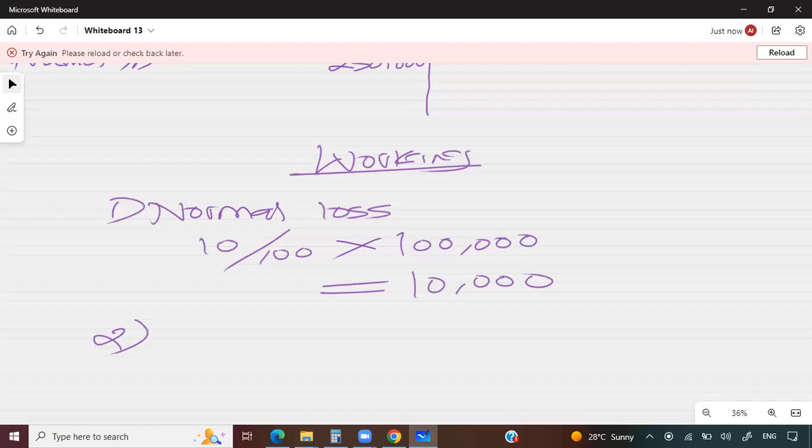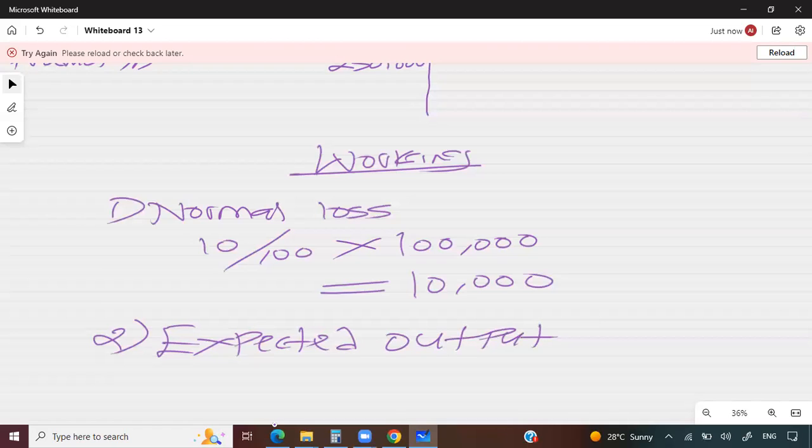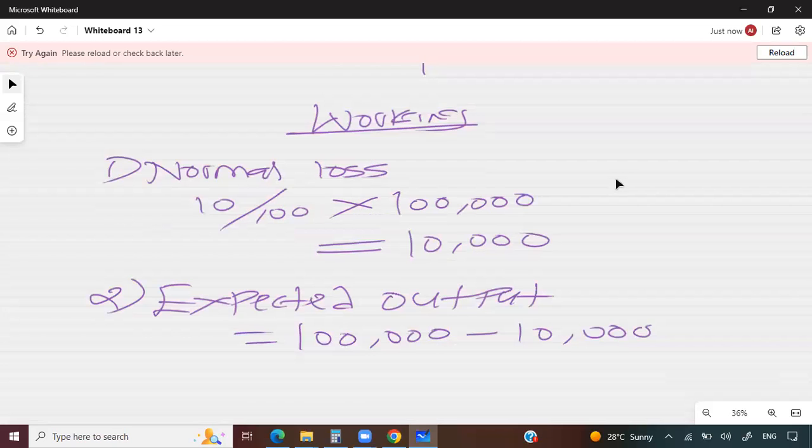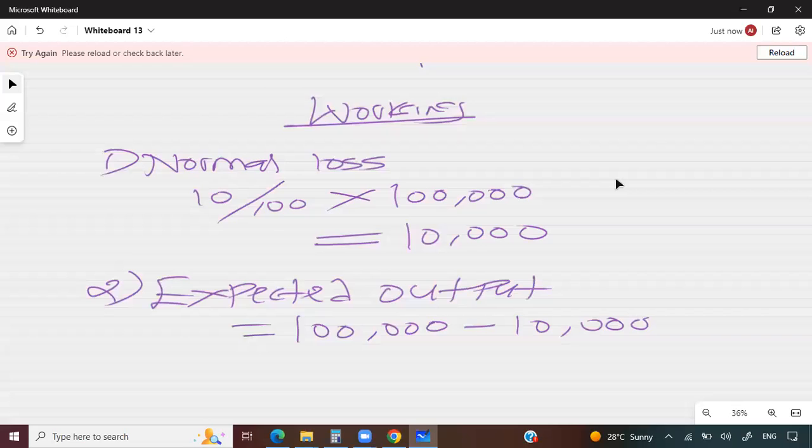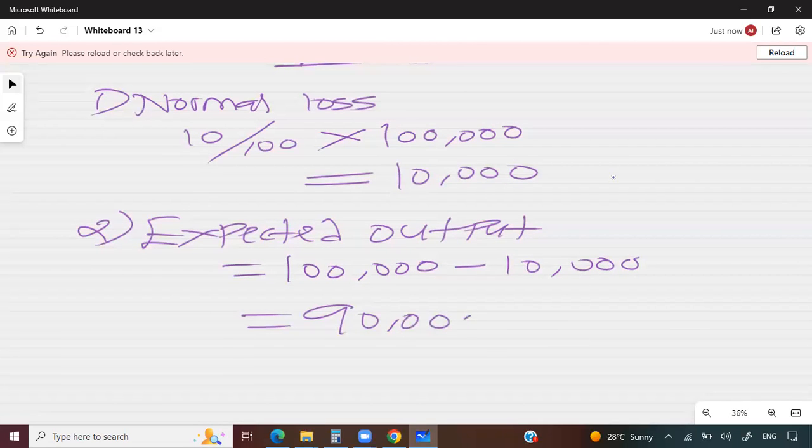So our expected output would be 100,000 minus 10,000, which is 90,000. This is what we are expecting.